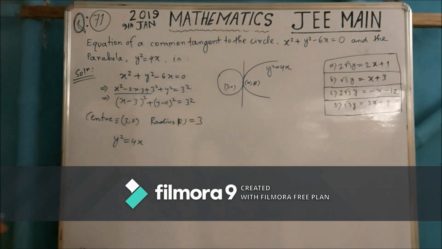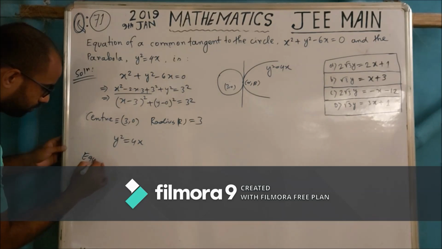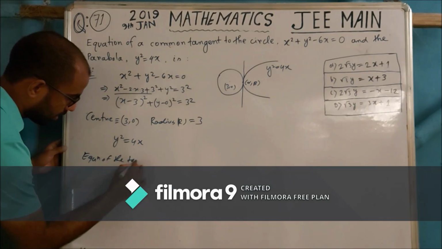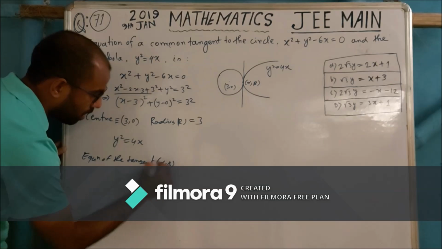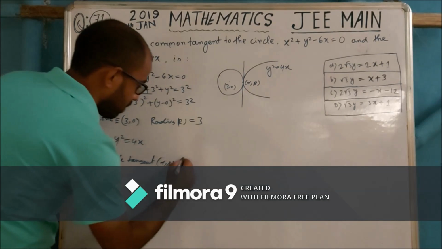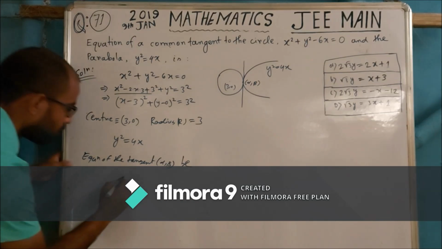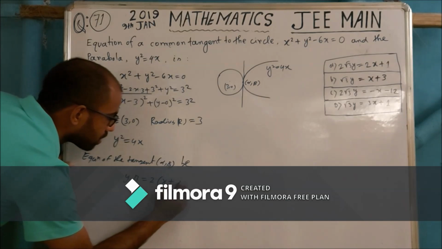So first we write the equation of the tangent at (alpha, beta): y into beta equal to 2 into (x plus alpha).